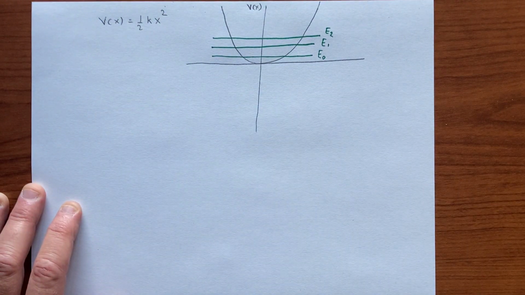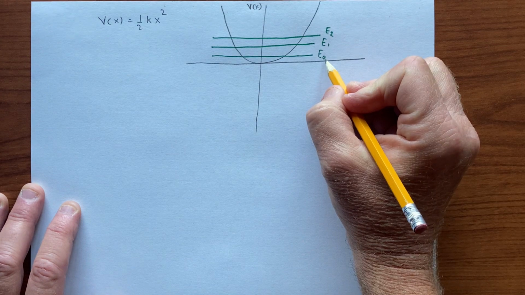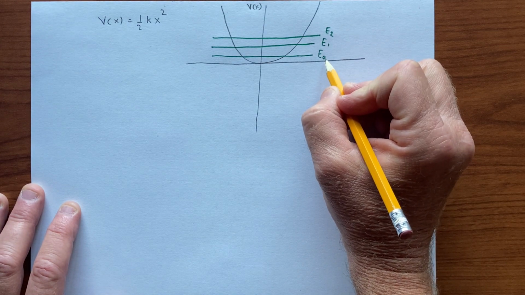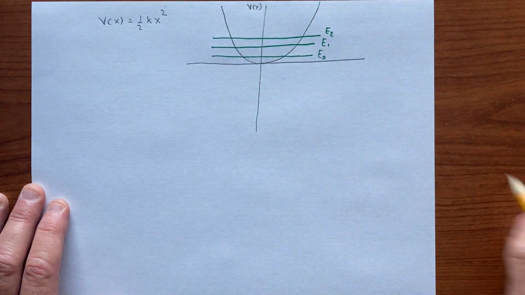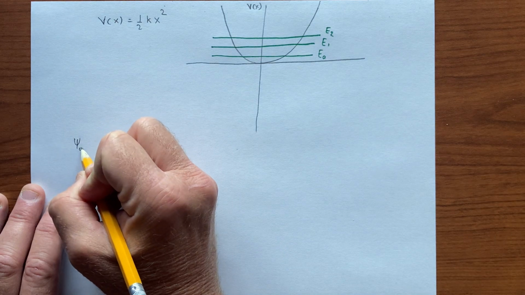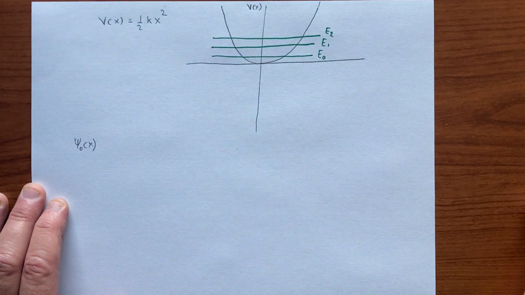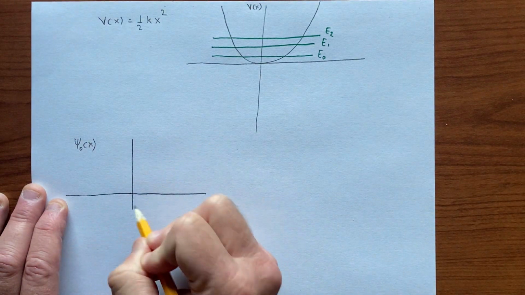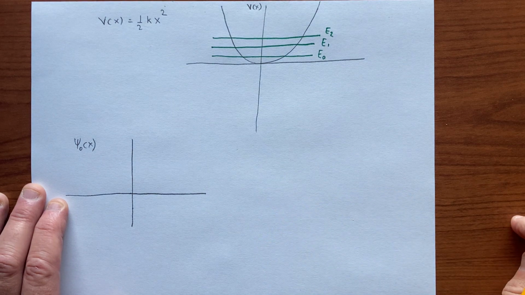So it's not obvious at this point that the energy quantum number for the lowest state, for the ground state, will be n equals 0. Nonetheless, let's use that value. So the ground state, what does that look like?